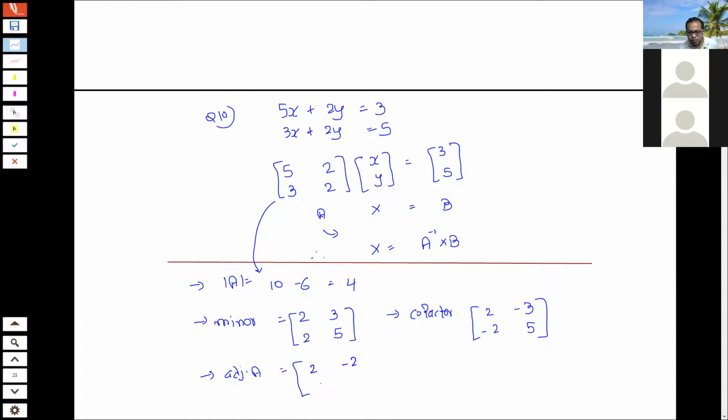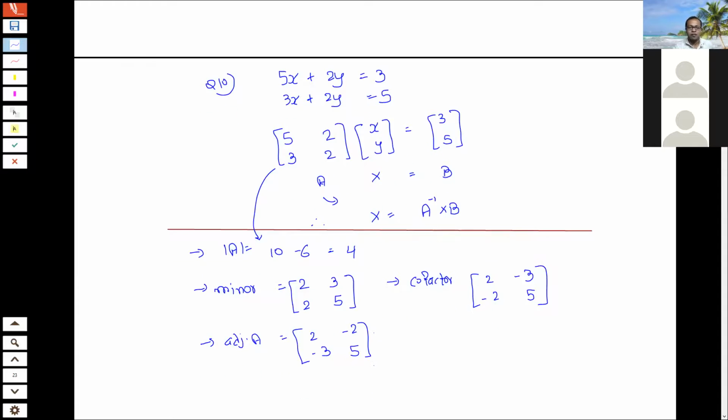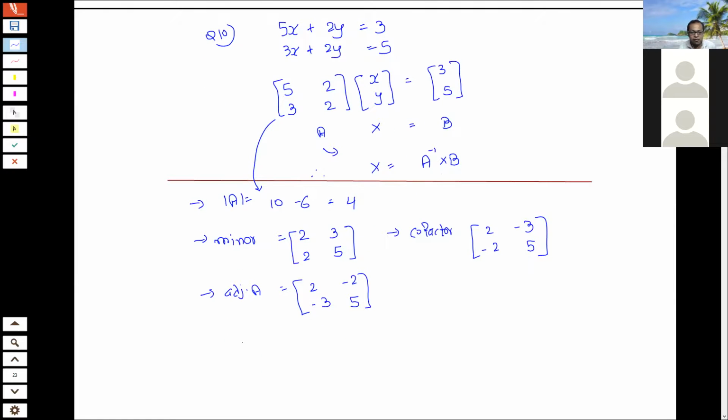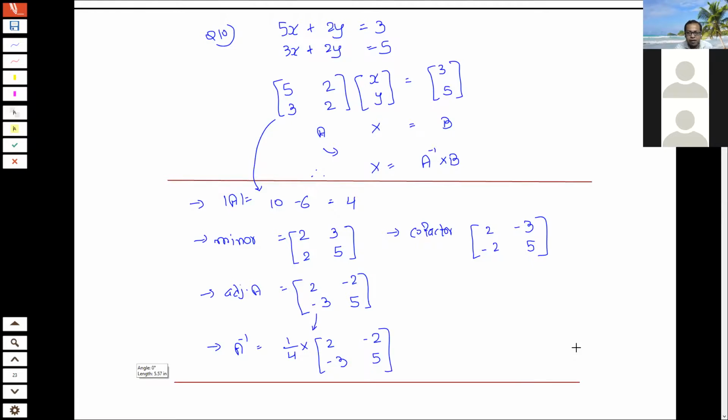So 2, minus 2, minus 3 and 5. After I found the adjoint, A inverse is 1 upon determinant of A into adjoint of A, which is 2, minus 2, minus 3 and 5. So using these steps, I have found the inverse matrix.